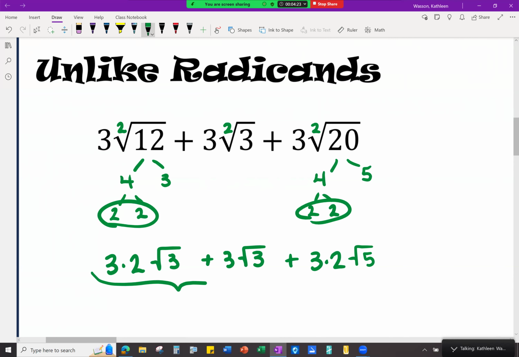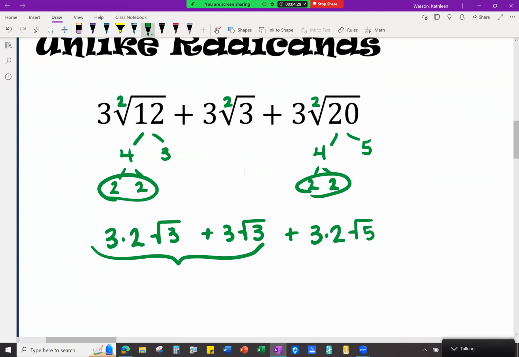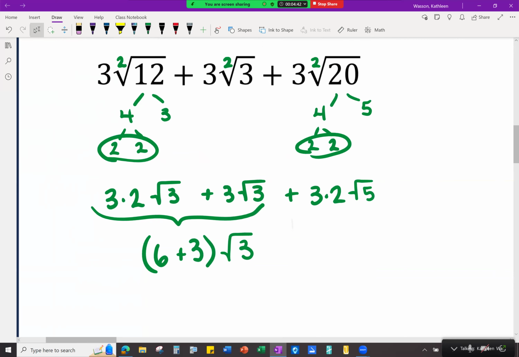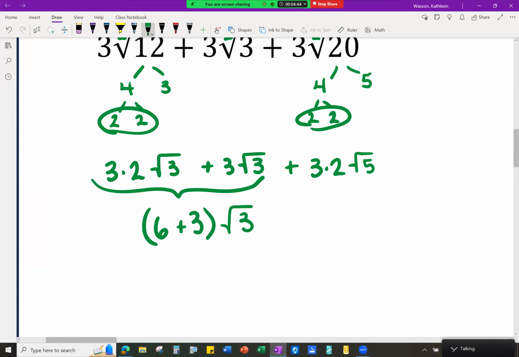I can combine these two expressions that have square root 3. 3 times 2 is 6, and I'll add 3 and write the square root 3 outside. The second, or this final expression, will be 6 square root 5.